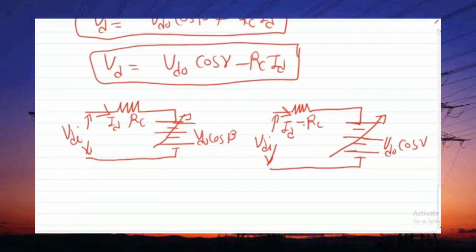So these two are the inverter equivalent circuits with VDI positive. This is in terms of gamma and this is in terms of beta.